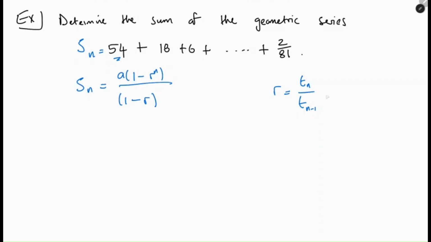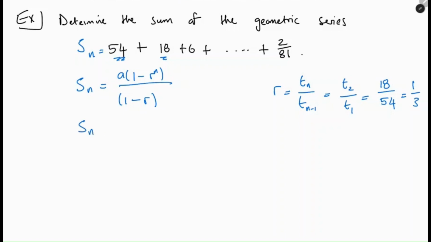In this case, I can just take T2 divided by T1, and that's going to equal 18 over 54, and that's going to equal 1 over 3 if you simplify it. Okay, so R is equal to 1 over 3. And as I said, A is equal to 54.